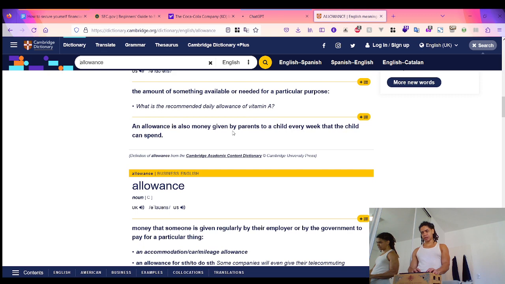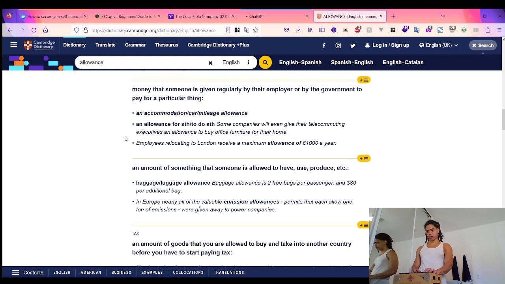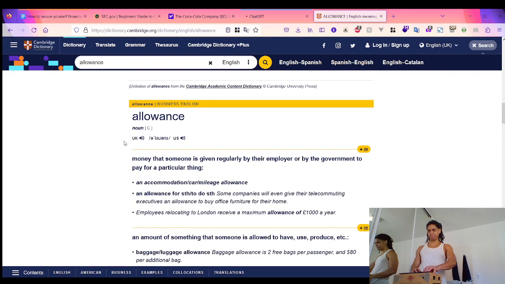An allowance is also money given by parents, or money that someone is given regularly by their employer or by the government to pay for a particular thing. So in this case, the allowance is a regular discount or merchandise return. That's not regular, but you have to account for that. You need to take note of that.